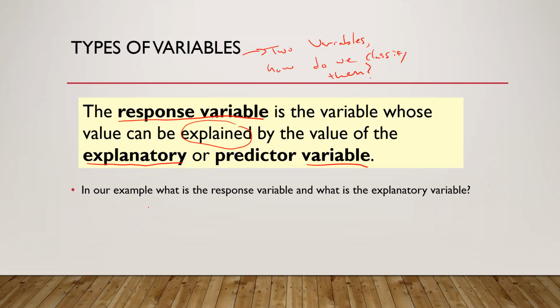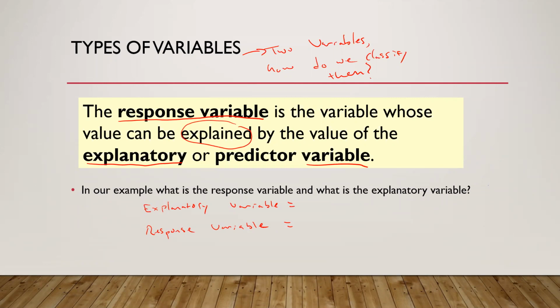Okay, so I'm going to write it actually this way first. Explanatory variable. And then we have this thing called the response variable. So basically what's going on here is the explanatory variable explains the value of the response variable, okay?